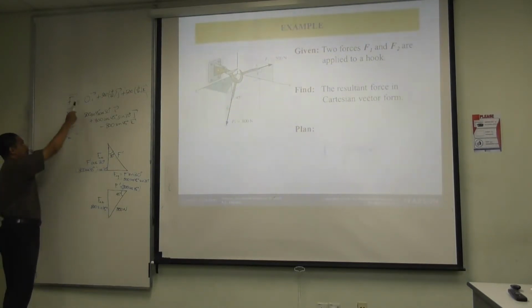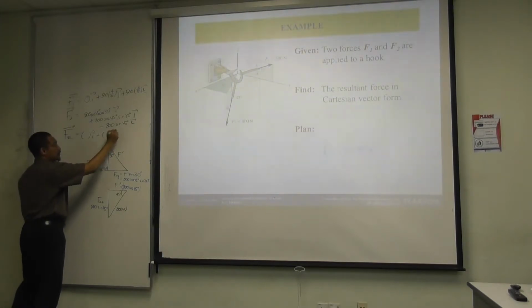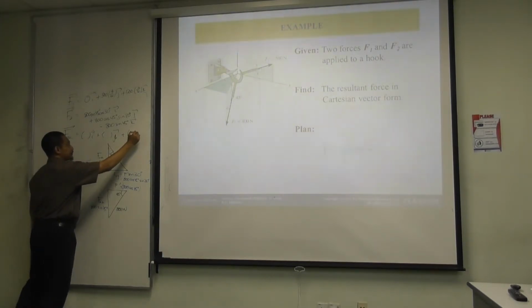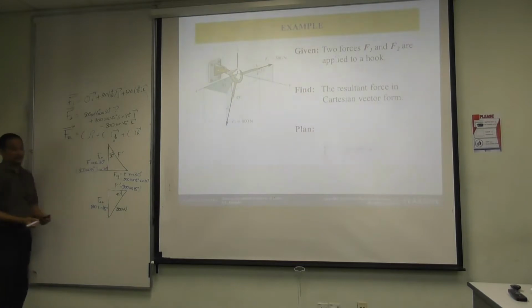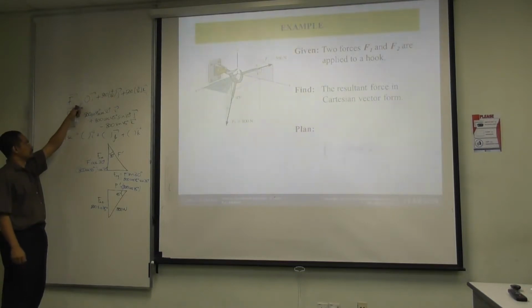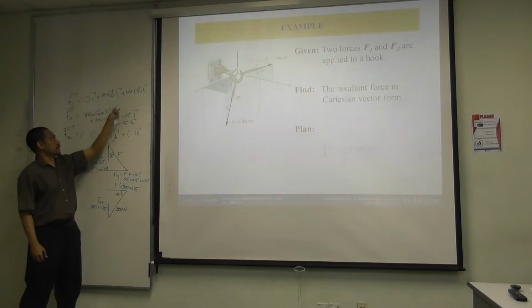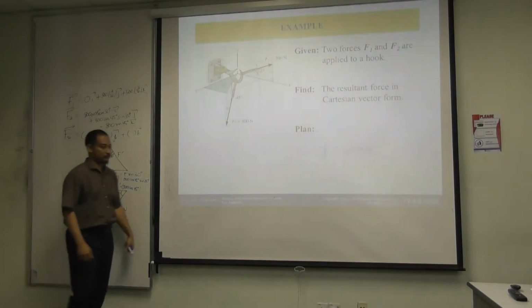Right, so if you have already established this, for FR you simply add the X component, you add the Y component, and you add the Z component, you get IJK. Whatever value here. Normally this is just using your calculator, right? This plus this you get here, this plus this you get here, this and this you get this one.